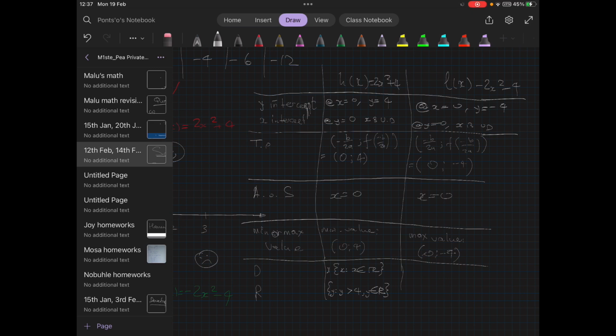And for the L of x graph, the domain is a set of x values such that x is an element of real numbers, but the range is a set of y values such that y is always less than -4, and y is an element of real numbers.